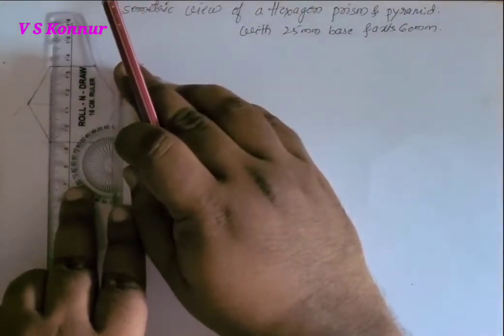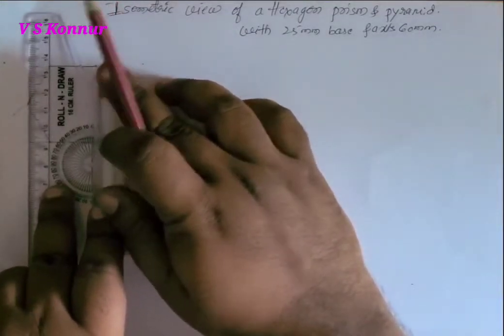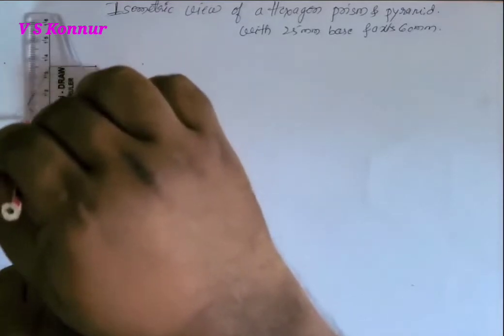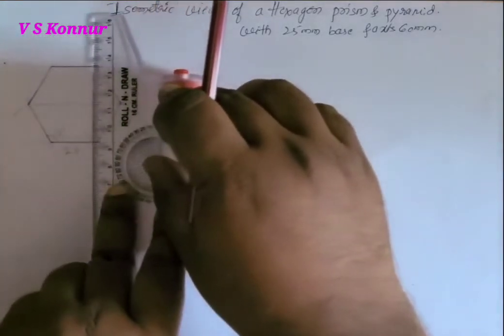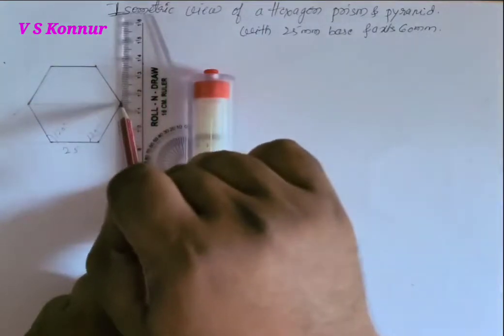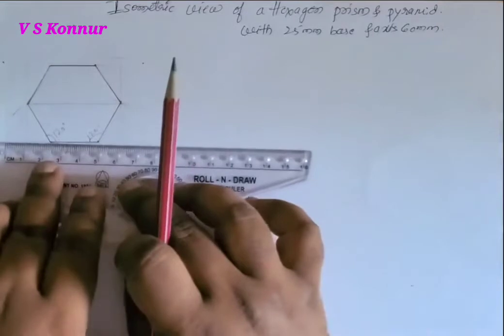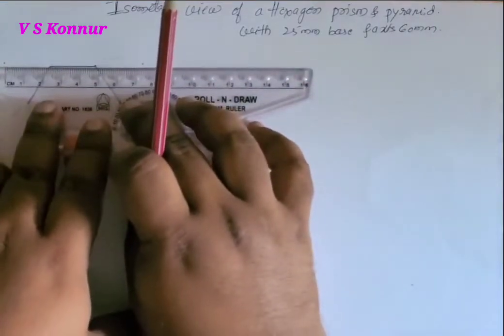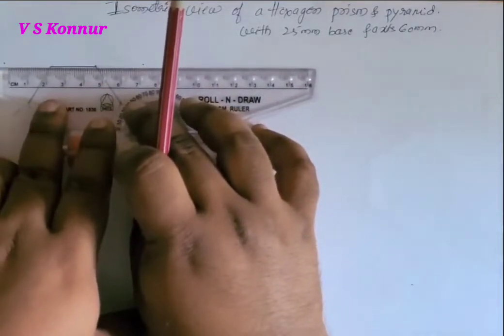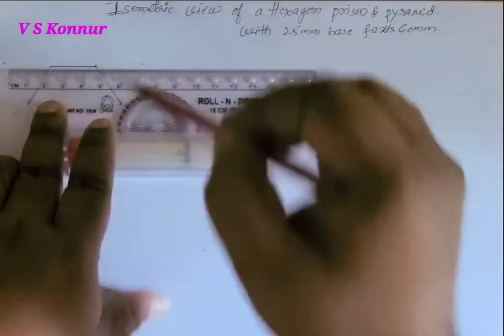Just make a box at the corner. The same thing at this corner also. Then the same at this edge also. Just extend that edge to make it box.